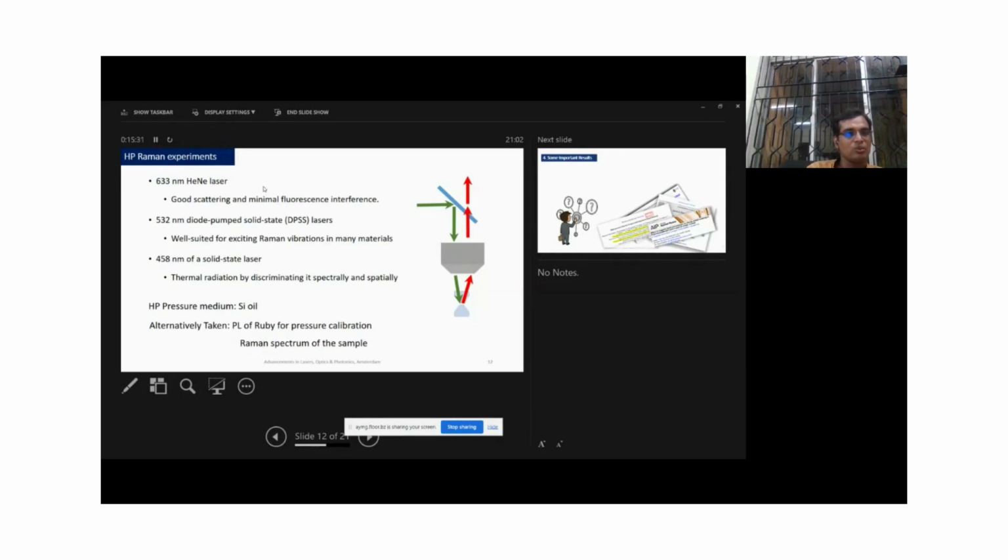The 582 solid state laser can also be used to discriminate the spectra as we want, so that micro Raman portions can be understood.